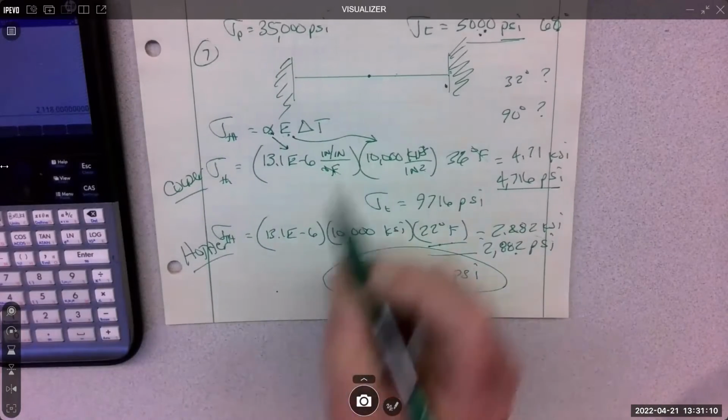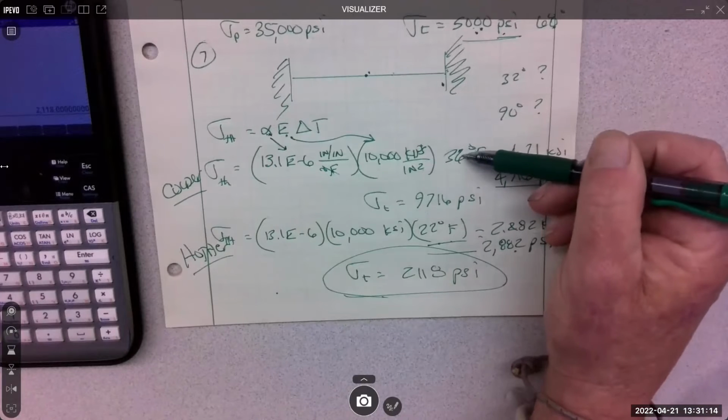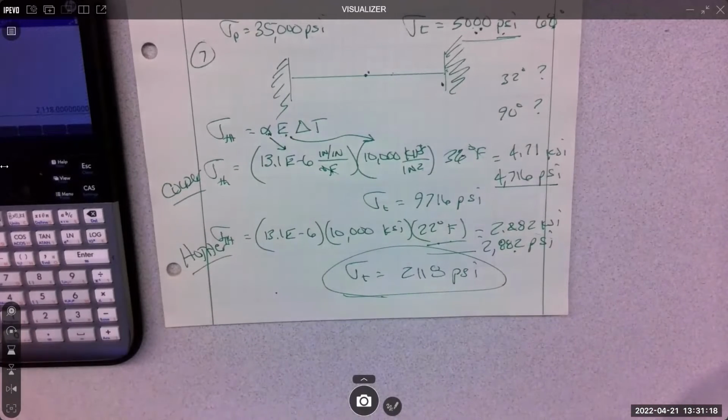So because we heated it up, it relieved that 5,000. Here we dropped the temperature, and that increased the tensile stress.